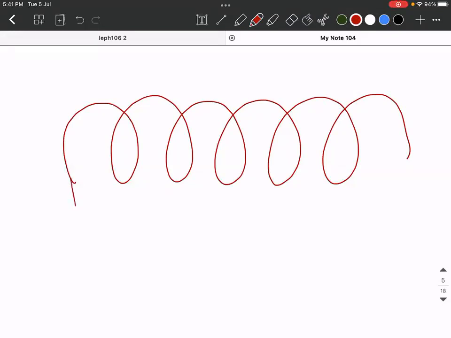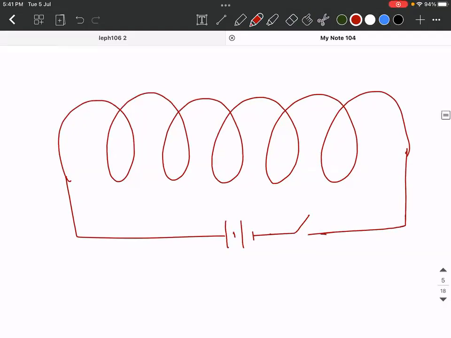Okay, and you take this winding and connect it across a battery and control it with the help of a key. Now, if this key is not closed, what will happen? Obviously, there is going to be no current flowing through the device. As soon as this key is closed, what will happen?